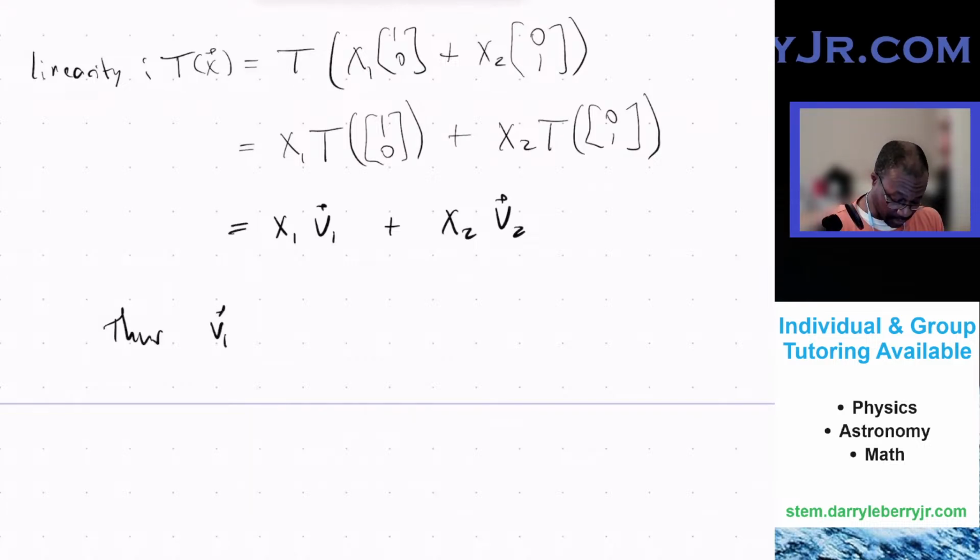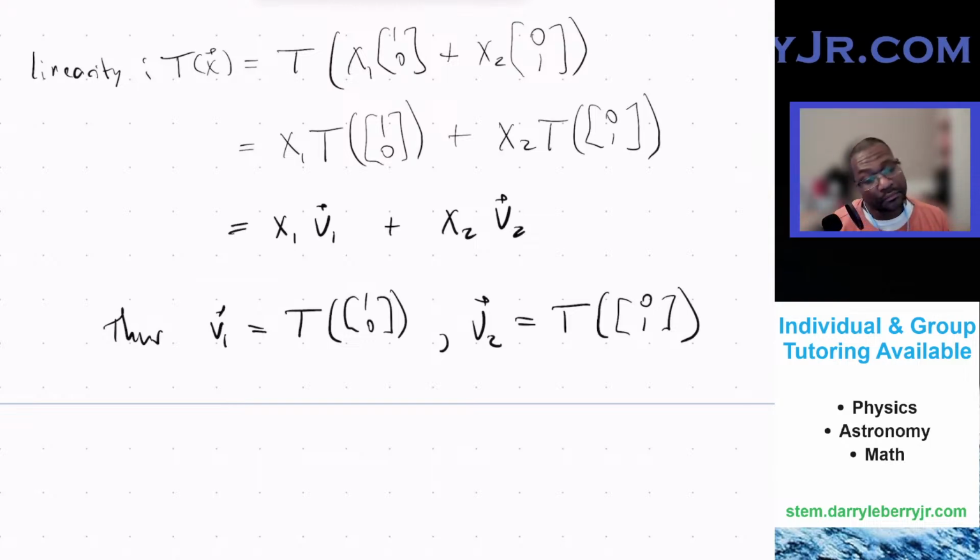Thus v1 equals T(1,0), v2 equals T(0,1). Vector 1 is a transformation of (1,0). We can determine, that is, once we know the two vectors v1 equals T(1,0) and v2 equals T(0,1), we can determine T(x) for every x in R2.